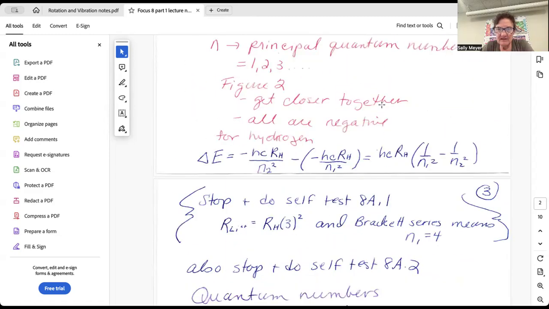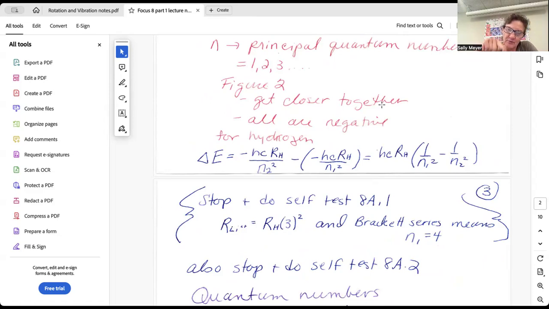Okay, so stop and do self-test 8A.1. And when you look at it, it's asking you about the Brackett series. Each of the series in the hydrogen spectrum is defined in a different way. So if they say it's the Brackett series, they're saying that N1 equals 4, so that you're starting your system in the 4th quantum number.